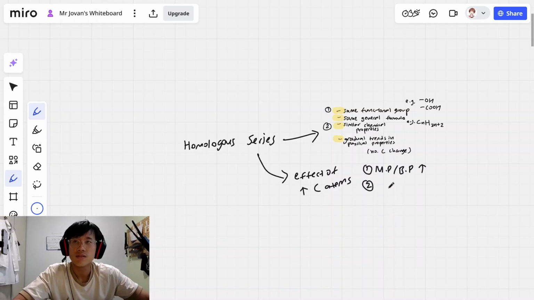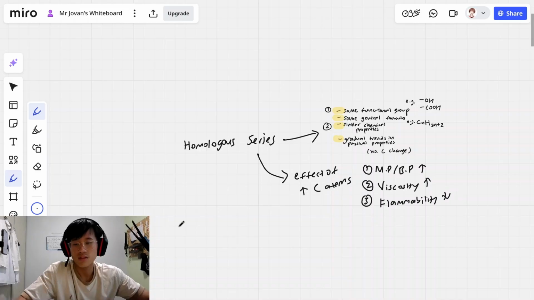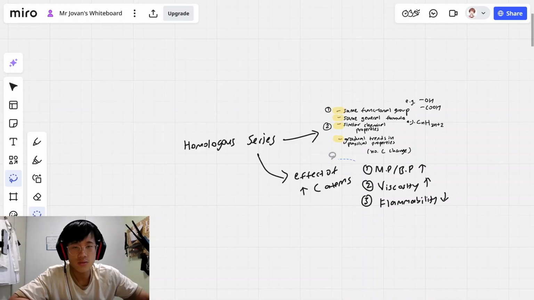Number two, what was it? Honey, water, what was it? Viscosity. Increase or decrease? Increase. Number three, flammability. Increase or decrease? Decrease. Let me write that better. Very good, guys. You guys are learning so well. We're just going to make this smaller so I might have space.